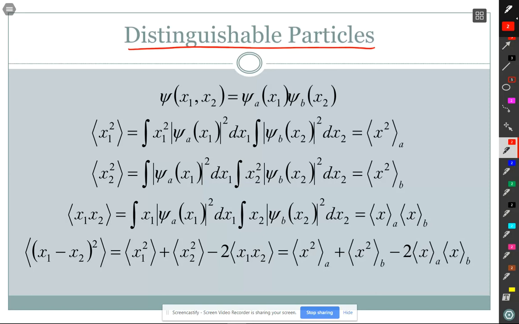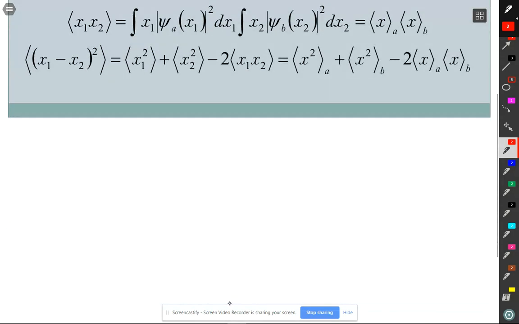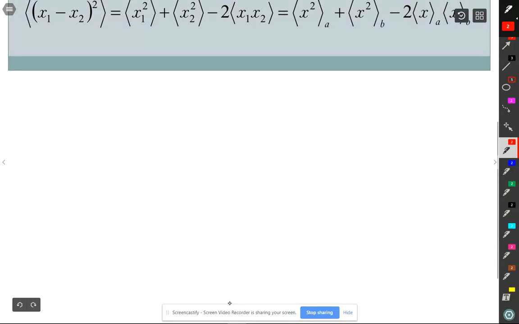And so because it's x1 psi a, it's going to be the expectation value of x squared in state A. So out here it doesn't say x1, it says x squared in state A. Why is the psi b stuff in there? I don't know. Okay. So I'll do this out longhand.